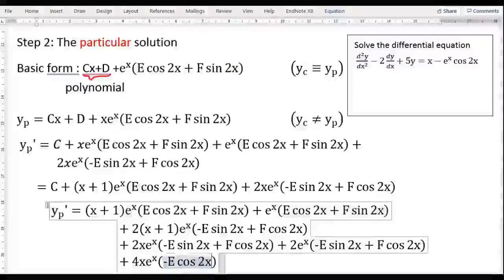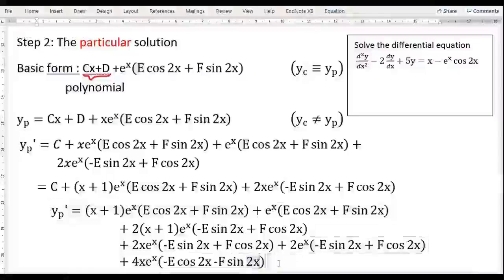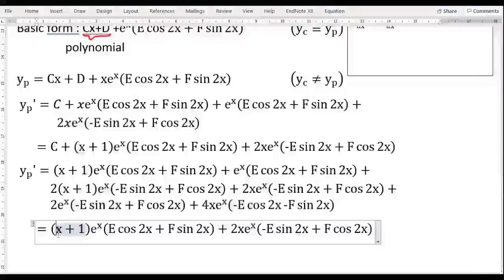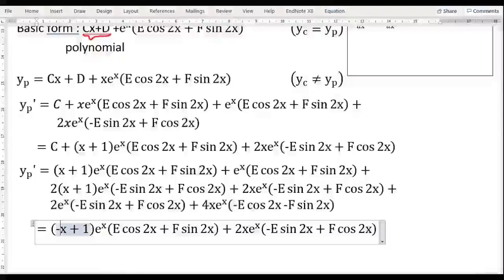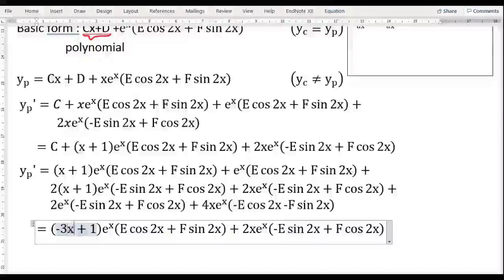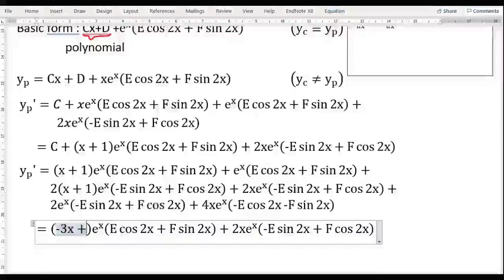And for the f cosine 2x, so we can simplify this expression. So this will give us minus 3 plus 2.